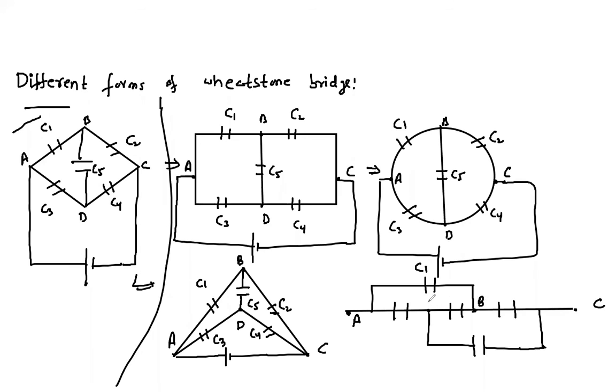This is B, this is C1. Between B and C, this is C2. Between A and D, it's C3. Between D and B, it's C5. Between D and C, it's C4. Again, a form of Wheatstone bridge.